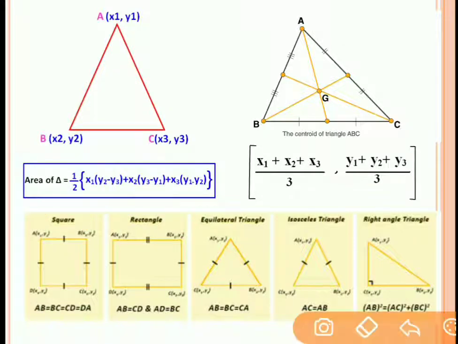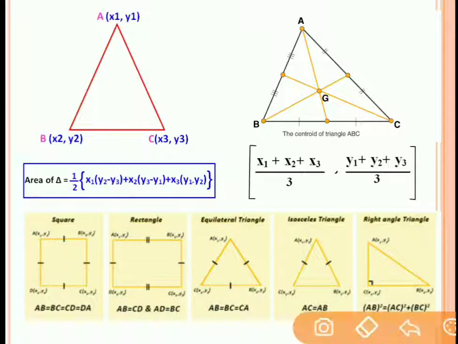Now suppose 3 points are given in the question as A, B and C. Now you need to check whether these 3 points make an equilateral triangle, isosceles triangle or right angle triangle. Fine. So you need to check whether these 3 points make an equilateral triangle. You have to find out the distance AB, BC and CA. And if these 3 distances are equal, then you can say that the triangle is the equilateral triangle.